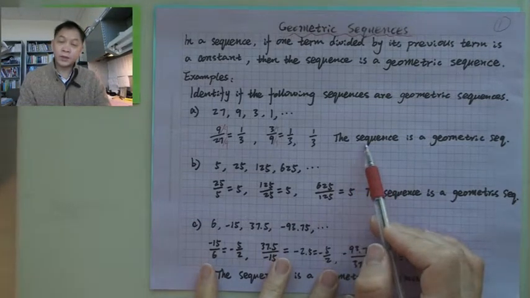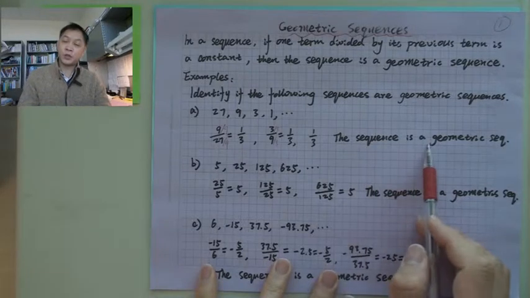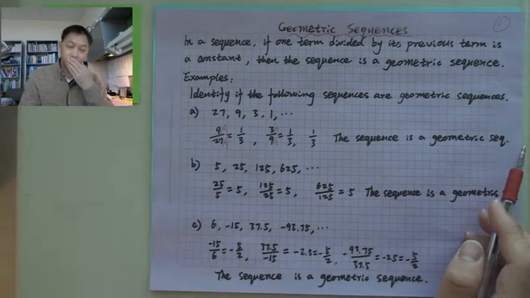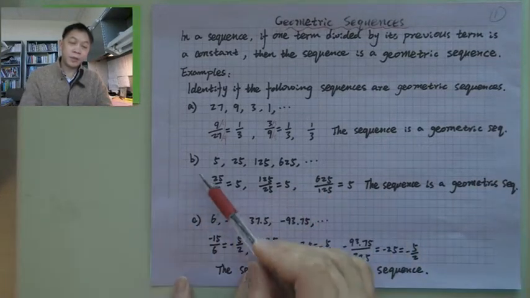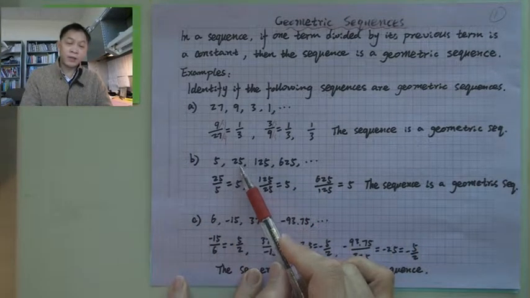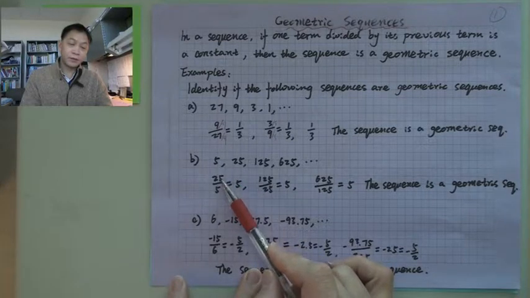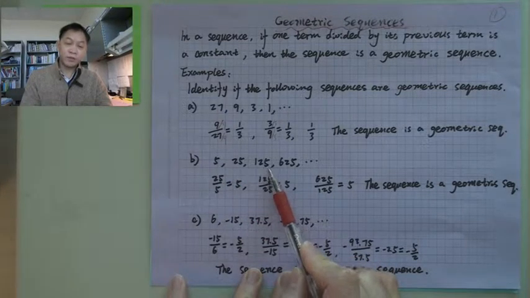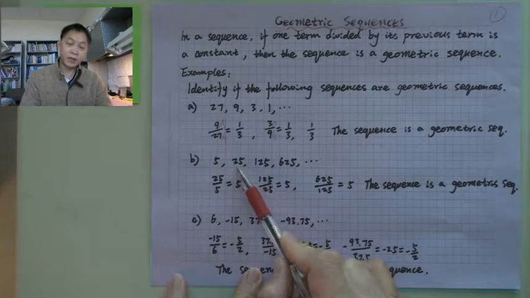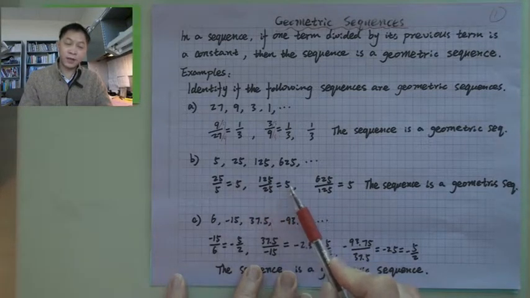So as I wrote here, the sequence is a geometric sequence. Now if we look at B, 25 divided by 5, that's 5. 125 divided by 25, its previous term, is 5.